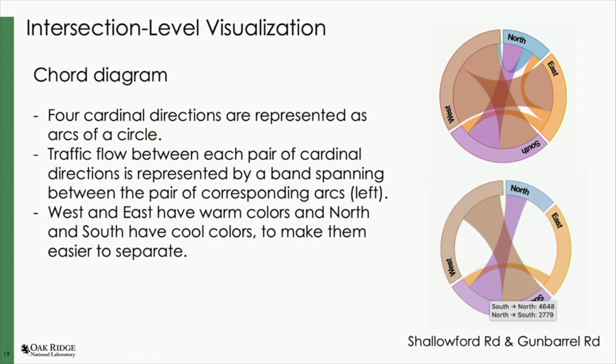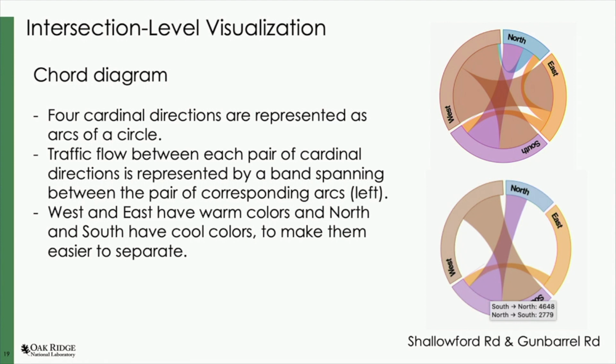Also on this chart, if there's a road that's going northwest, do you have to pick which one to categorize it as, north or west? No, for this diagram, if you have more directions than 4, that would not be an issue. But for the sensors, at least in Chattanooga, there's no road with such a sensor that has more than 4 directions, so I didn't have a chance to look at it.